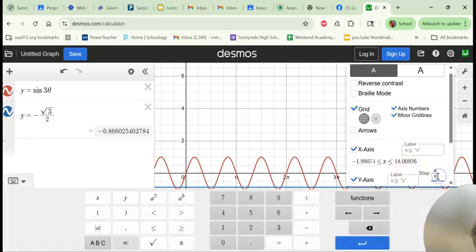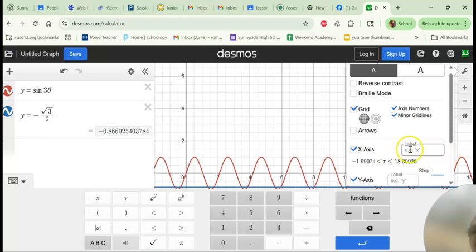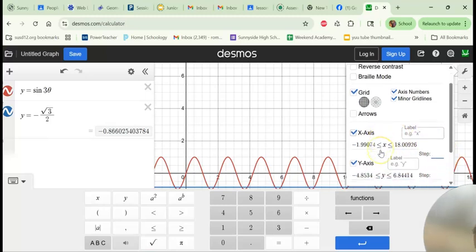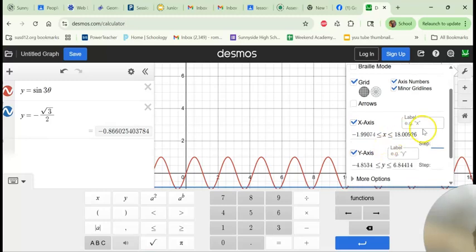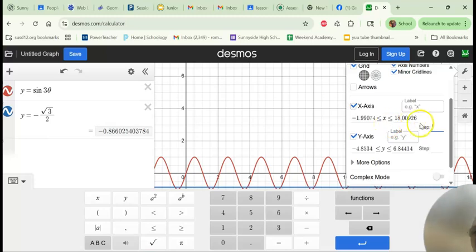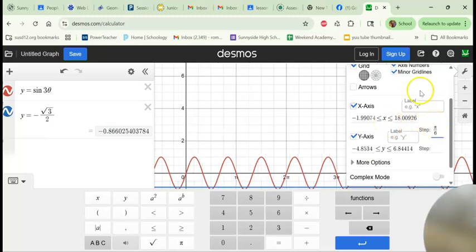Oh, sorry, not this one. This one I don't have anything. I'm talking about the x-axis step. Okay, for the x-axis it is pi by 6. Okay, then enter.